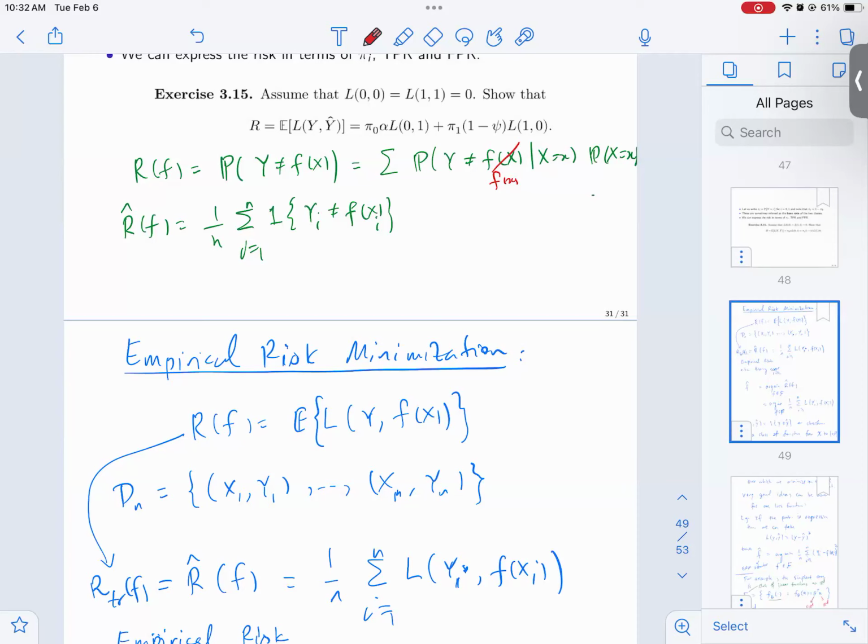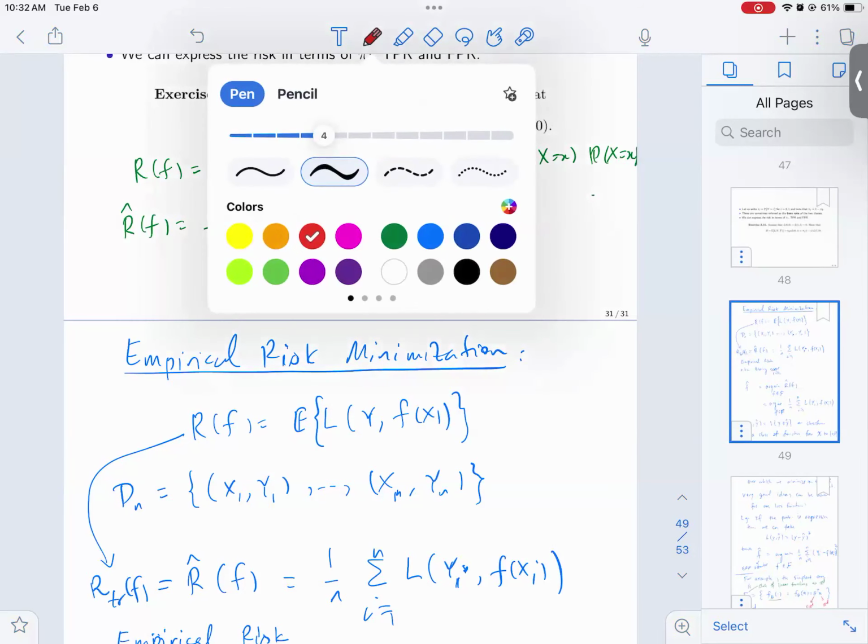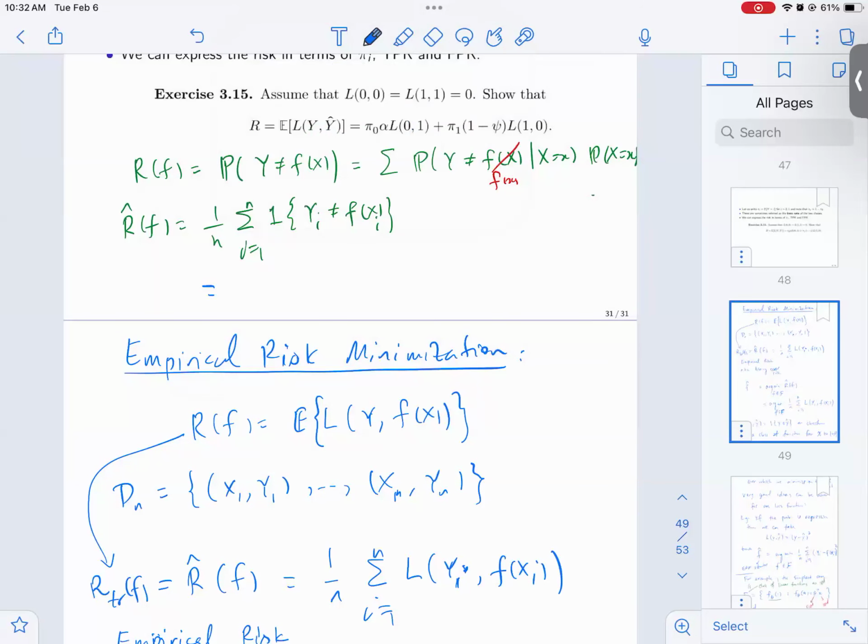So what would happen here is you can actually write this as, let's say, P hat of, let's call this y hat. Y hat is bad. I don't know what I should call them. Let's say y bar not equal to f of x bar, where x bar and y bar is a generic point distributed like P hat.